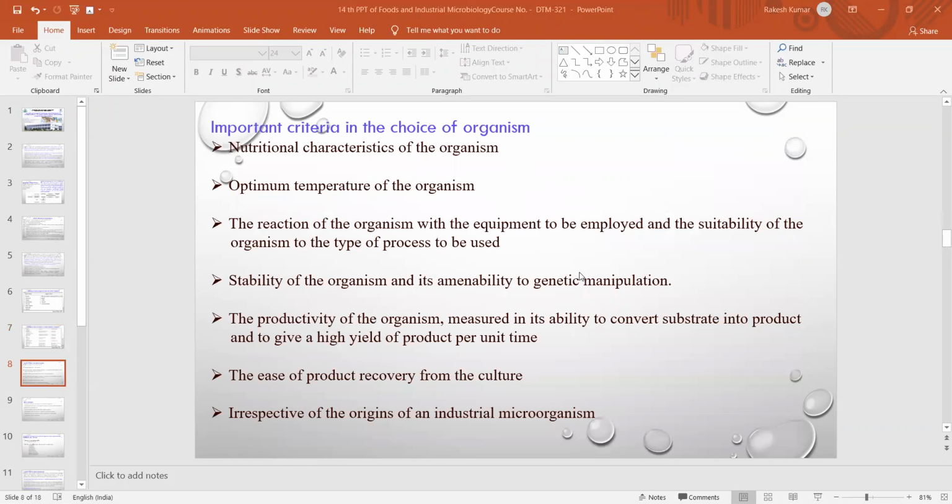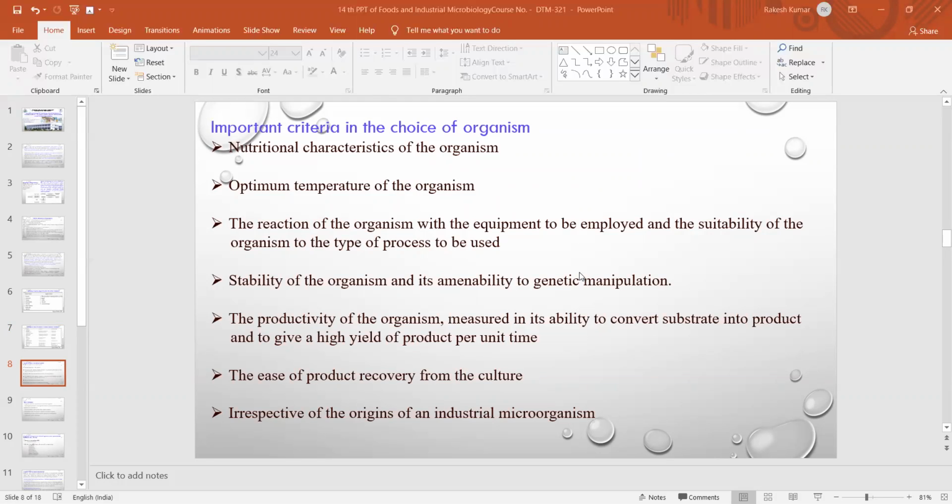So now it is very important to know the criteria for selecting a particular type of microorganism. You have already studied so many desired characteristics in a starter culture course. So here I just want to summarize the important criteria highly required for selecting a particular type of organism.